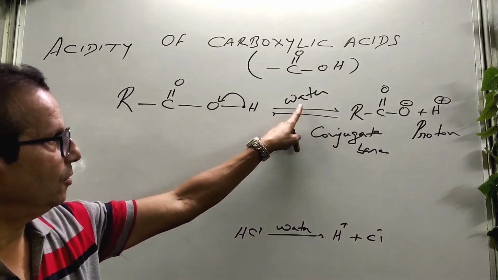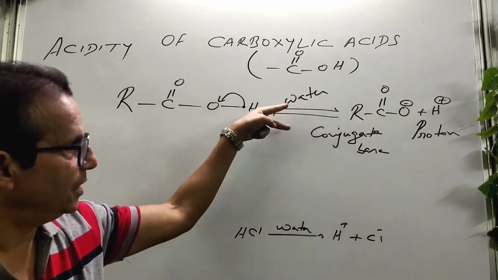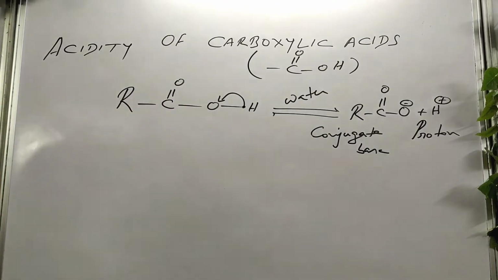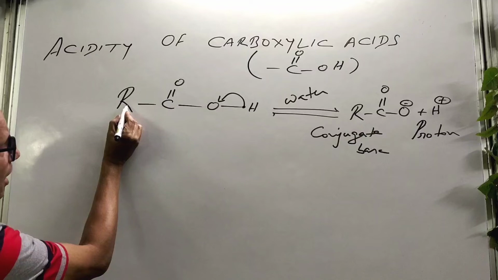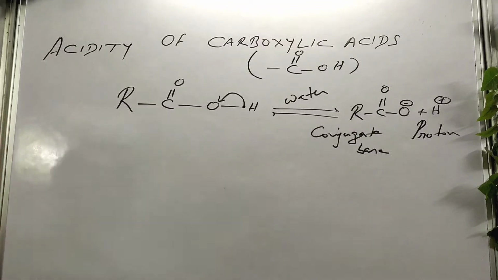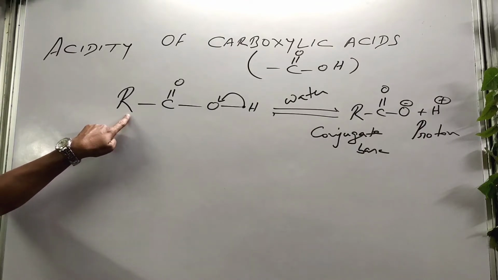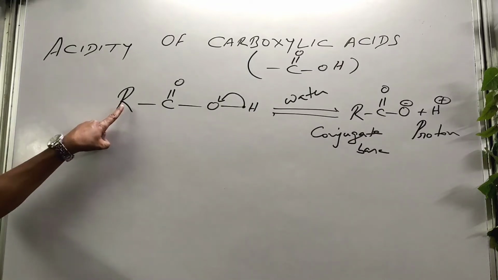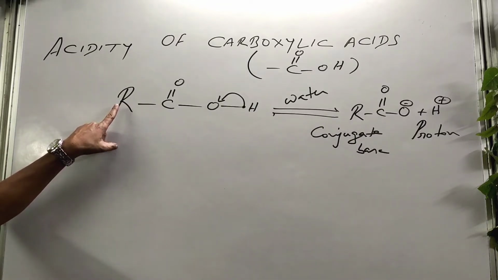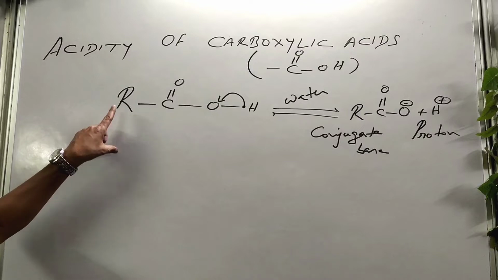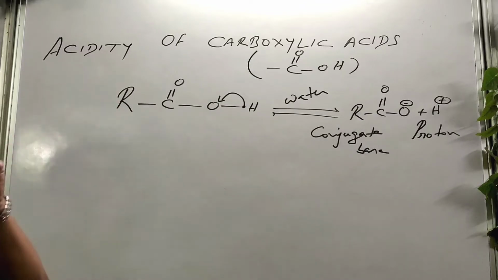That's why whenever they dissociate in water, it's reversible. Now, instead of R, if you put methyl, ethyl, propyl, any alkyl group, it is called aliphatic carboxylic acid, and instead of R, if you put benzene ring, which is called phenyl or aryl, it's called aromatic carboxylic acids.